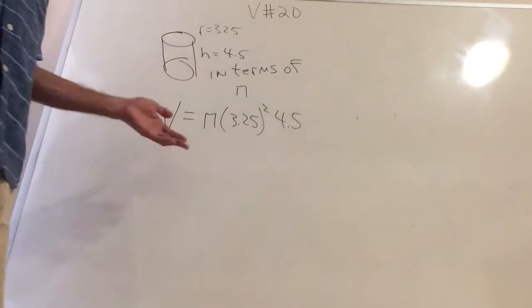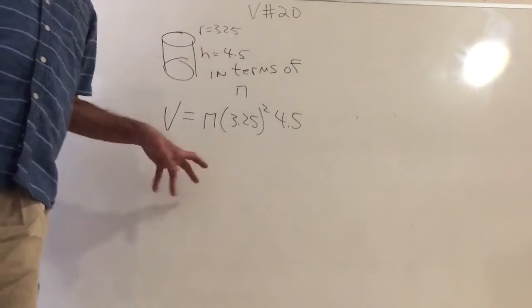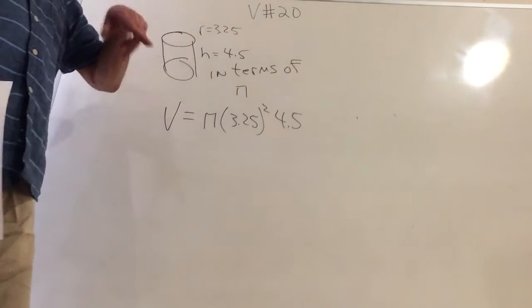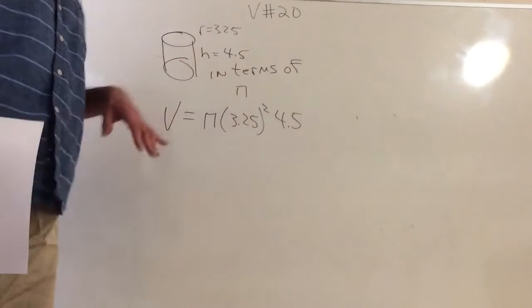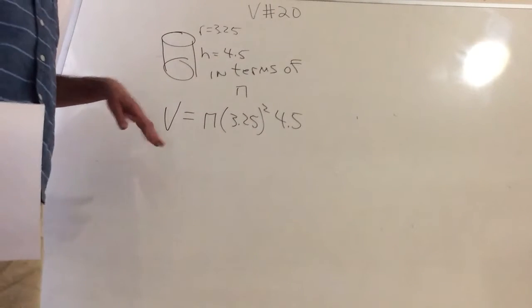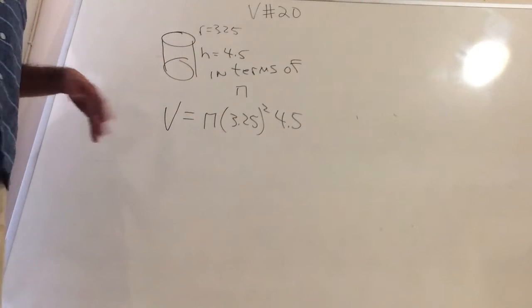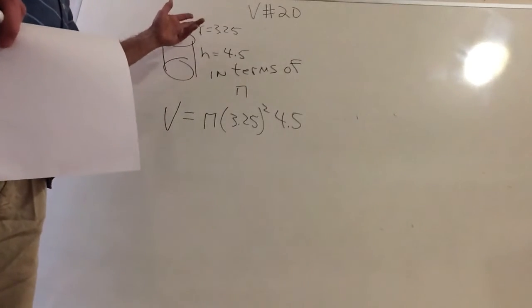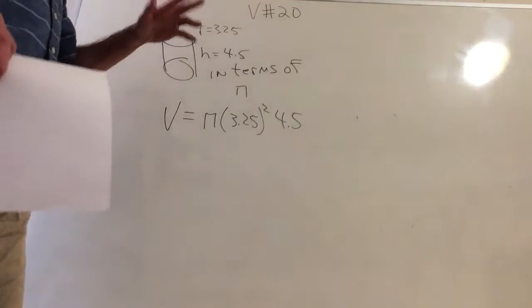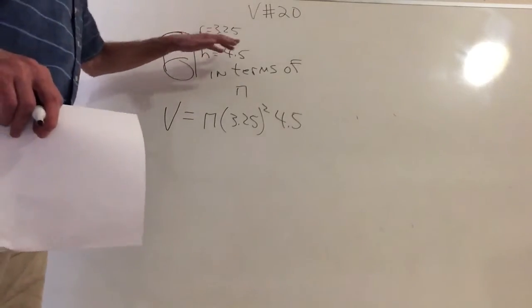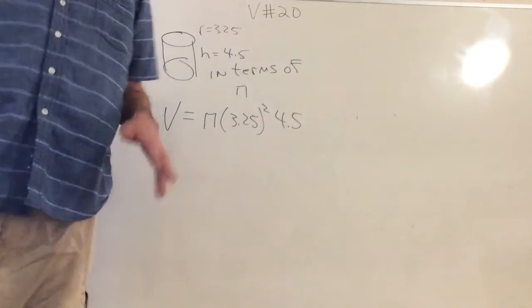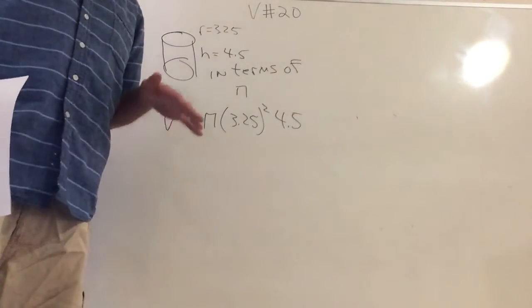You'll be twisted like a pretzel in circles trying to figure out what the square of 3.25 is, and then to multiply that by 4.5, and then just to put it in terms of pi. It's just arbitrary to say the radius is 3.25, or the height is 4.5, but that's what they do. And even in terms of pi.